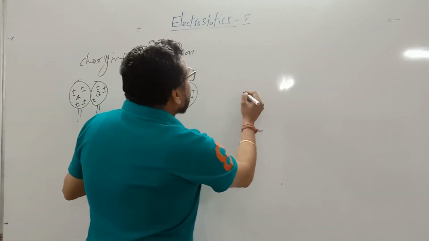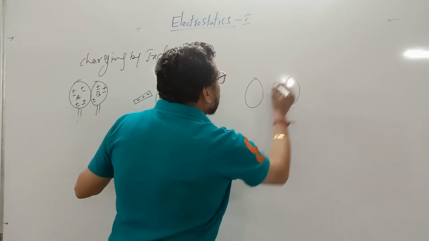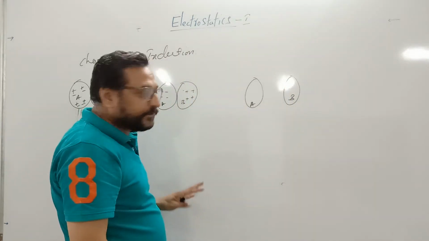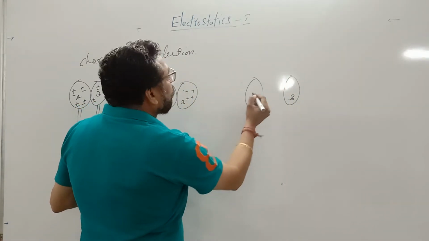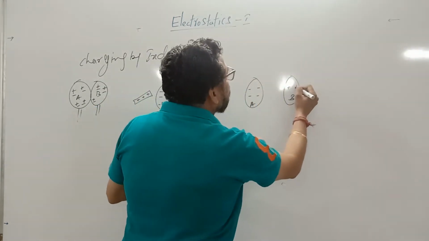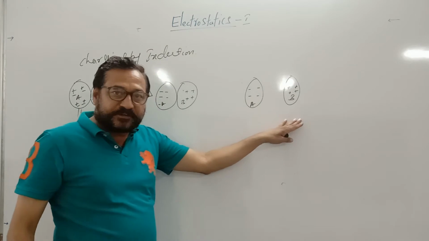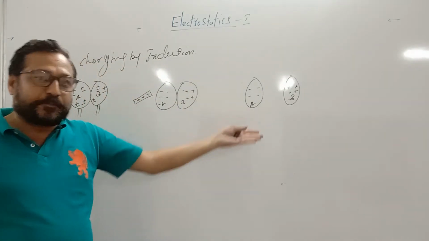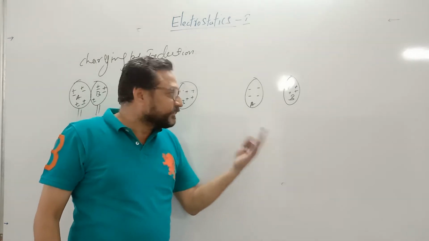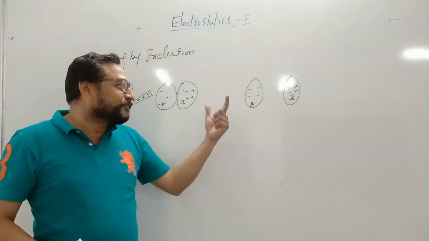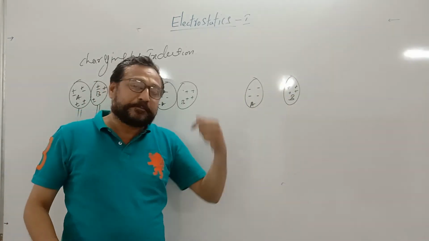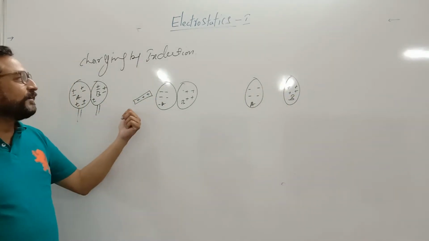When we shift them, they are shifted separately. When the A and B objects are separated, this object is totally negatively charged and this object is totally positively charged. Therefore, two objects can be charged with two different charges. That means in a single time we create a double amount of charge, negative and positive, again by the phenomenon of induction.